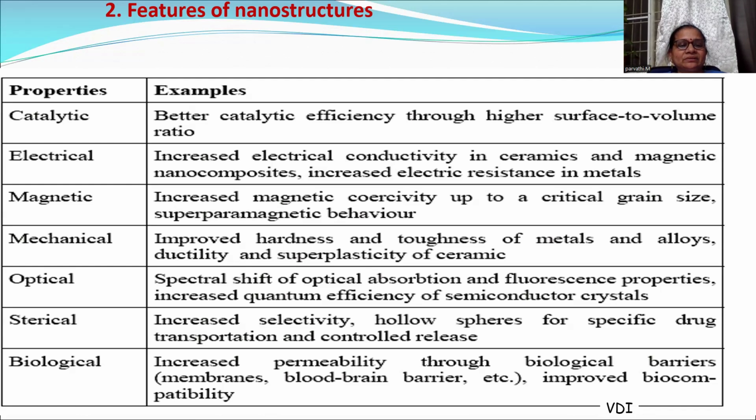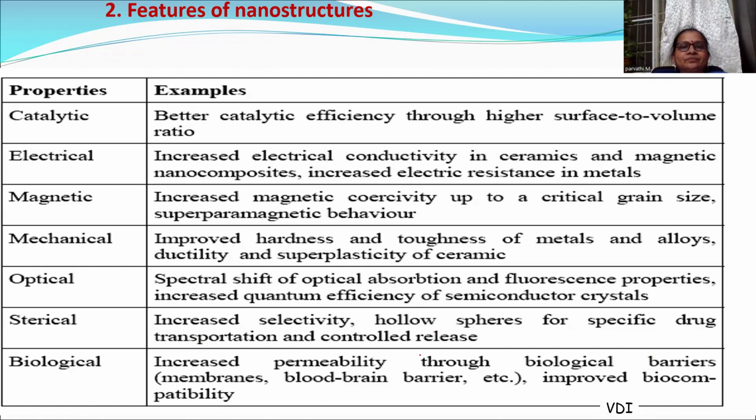Similarly, in the biological field, the properties include increased permeability through biological barriers. The barriers are like membranes, the blood-brain barrier, etc. And also biocompatibility, from one biological material to another. Biocompatibility can also be observed with respect to nanomaterials.